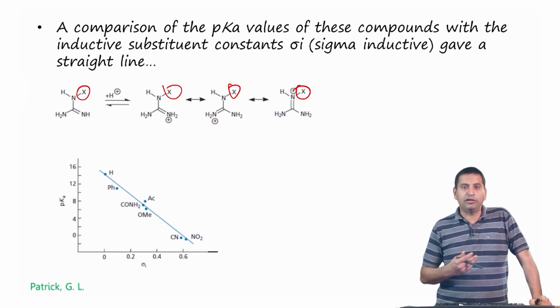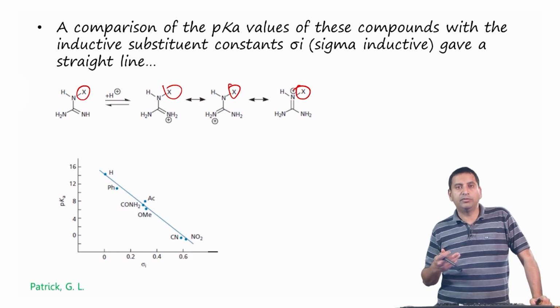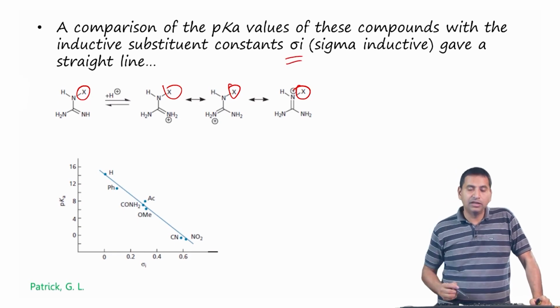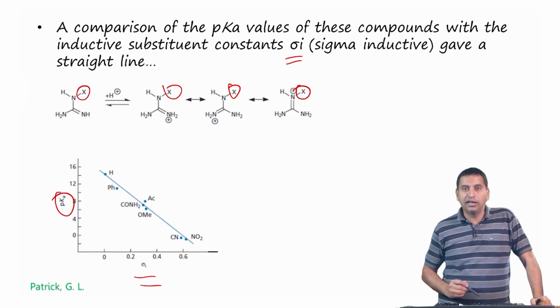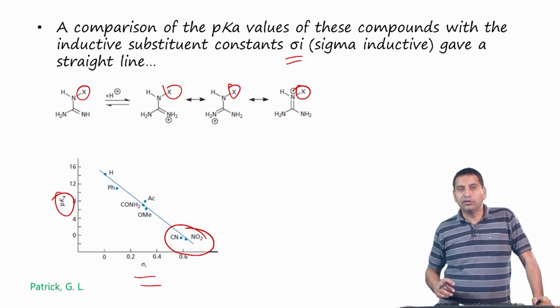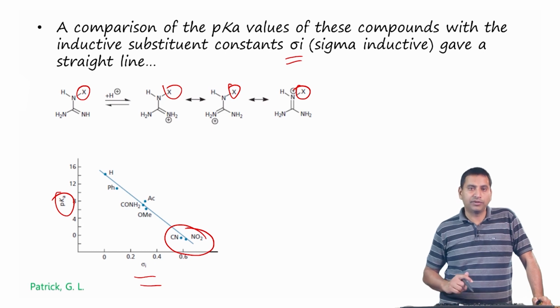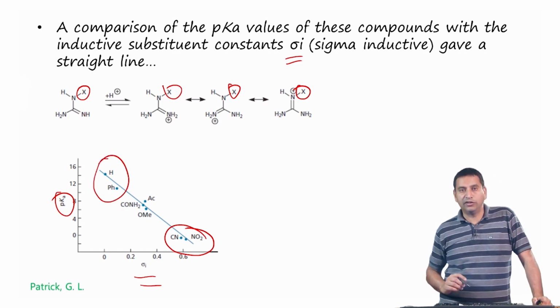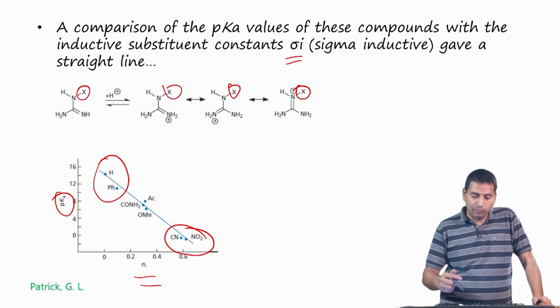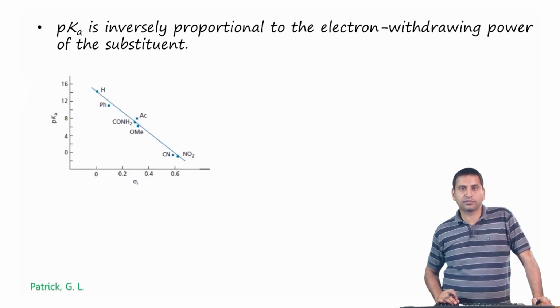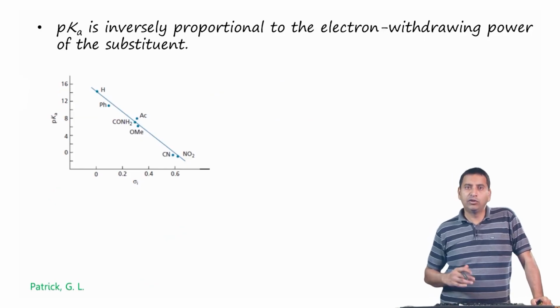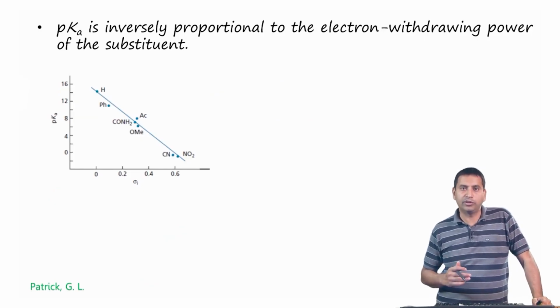We have already looked at previously that there are inductive constants which can be determined, known as sigma I. If we plot the pKa of this nitrogen versus sigma I, we find that highly electron withdrawing groups such as cyano reduce the pKa of the nitrogen, whereas neutral groups such as hydrogen increase the pKa of the nitrogen. This is quite understandable because having an electron withdrawing group will destabilize this form. Therefore, pKa is inversely proportional to the electron withdrawing power of the substituent.